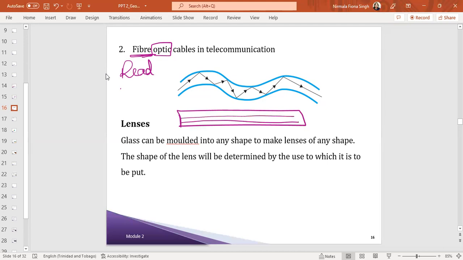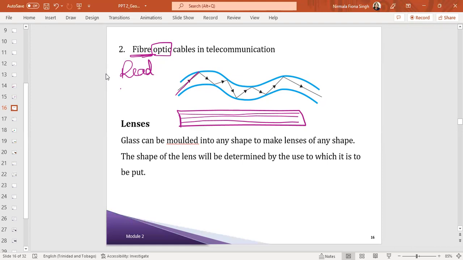And what this glass does, it has a refractive index such that when you fire light into it, total internal reflection occurs. Do you all remember what total internal reflection is? Silence indicates no. Please go and read that up.